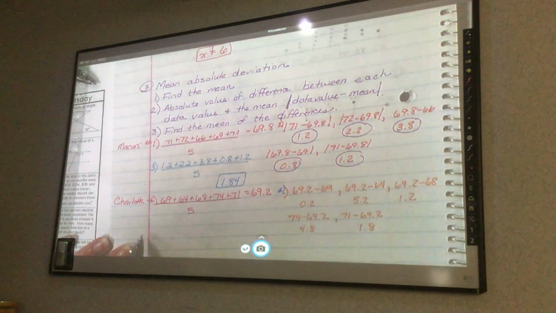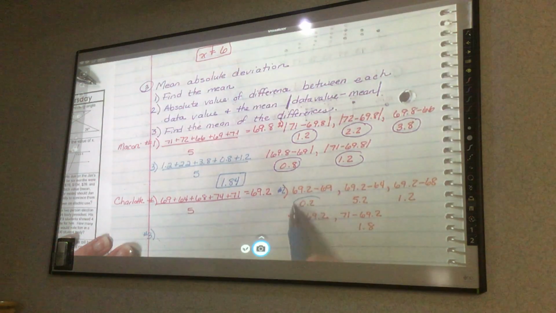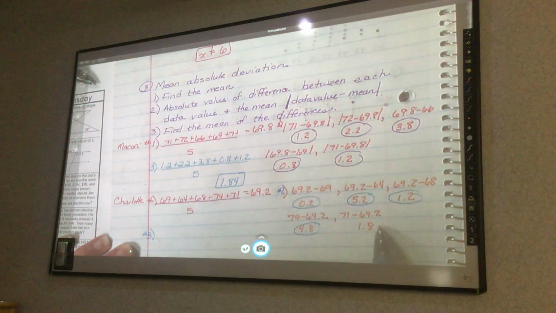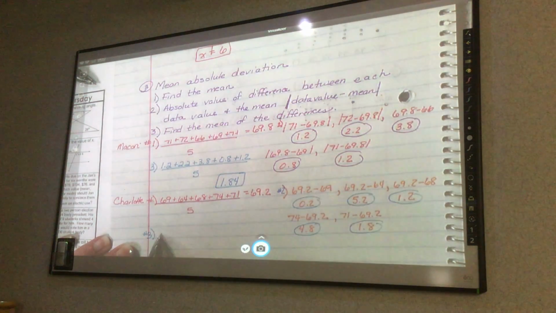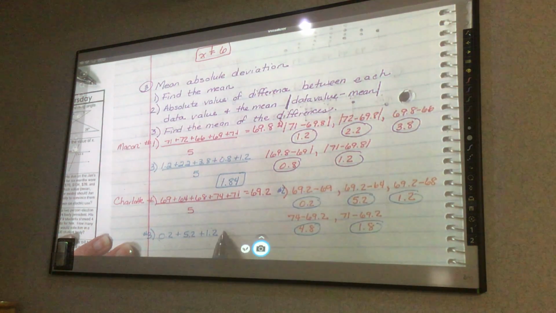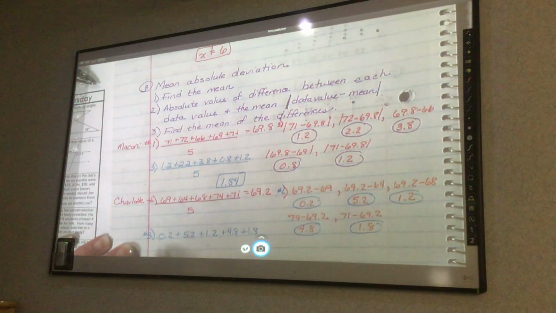Then I go to step 3. Now I take step 3, I take all of these differences and find the mean. 0.2 plus 5.2 plus 1.2 plus 4.8 plus 1.8.